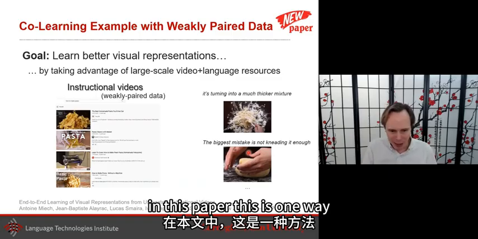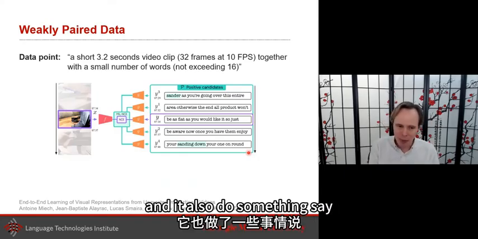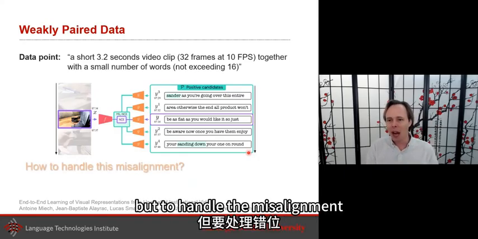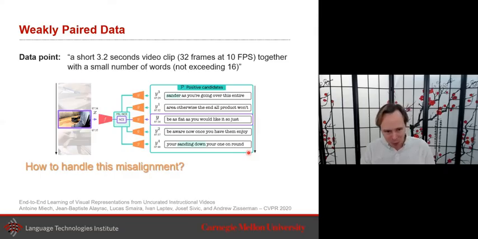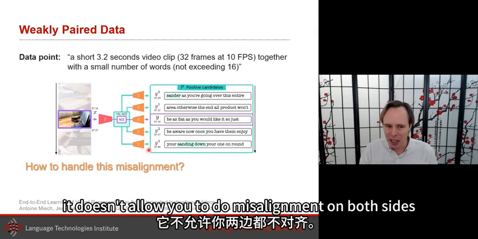In this paper, one way is to do what's called multi-instance learning. To handle the misalignment on one of the sides, it doesn't allow you to do misalignment on both sides.